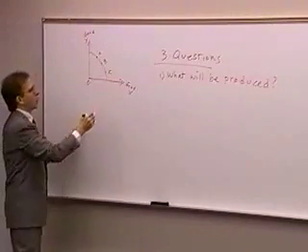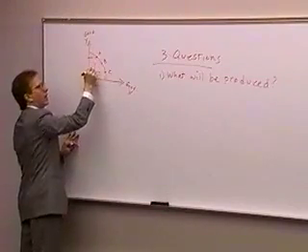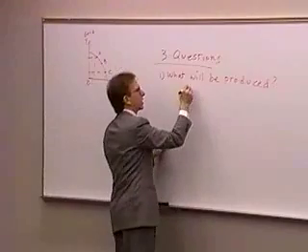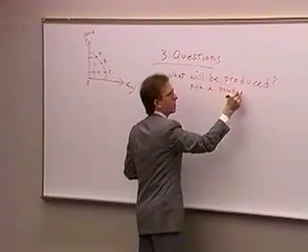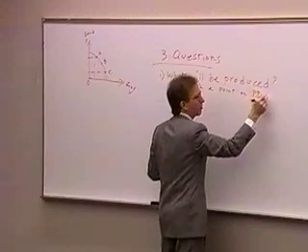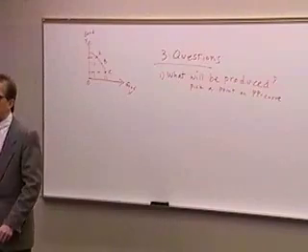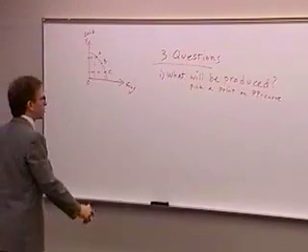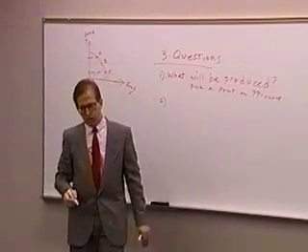What will be produced? Will we have a lot of X and not much Y, or will we have a lot of Y and not much X? This is pick a point on the PP curve. Every nation has got to decide that. Each nation makes its own choices, but that question has to be addressed.